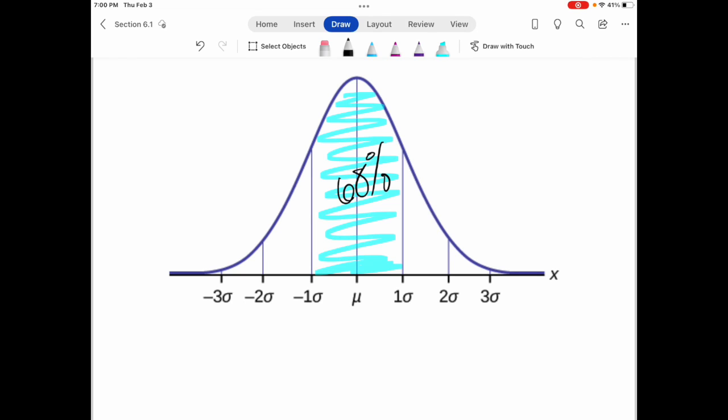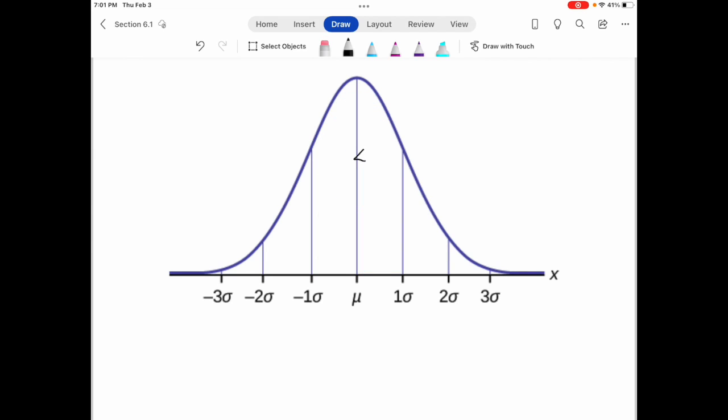Now if we want to break it up into smaller chunks so that we can get some more detail, if I want to know what is specifically just from here to here and here to here, how much data falls just 1 standard deviation out from the mean and just half of that, then I would take 68 and divide it by 2. And we can do that specifically because this distribution is symmetric. So I know the area under the curve is going to be even on either side of the mean. So I know it's going to be half of 68.